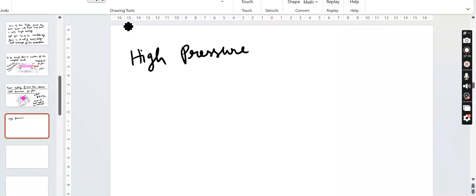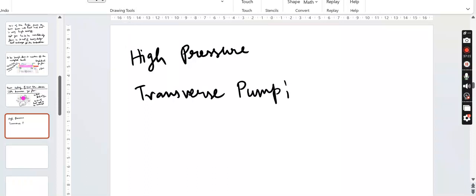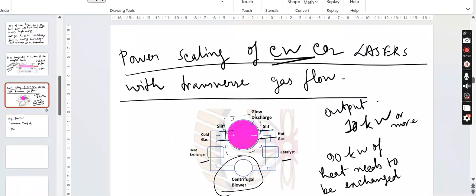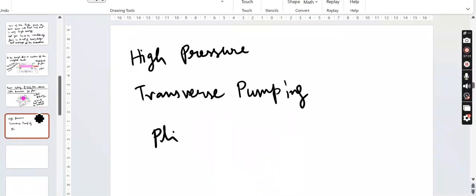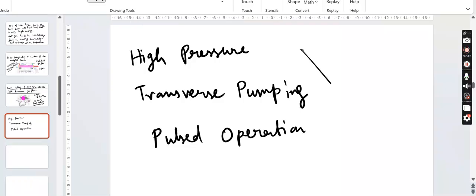Pressure transverse pumping pulsed. This is for CW. Pulsed operation. Carbon dioxide level.